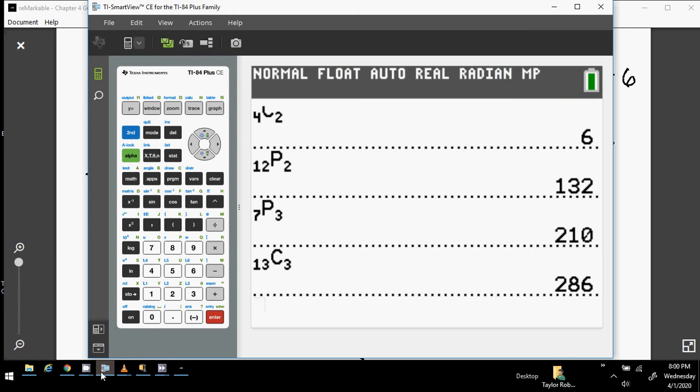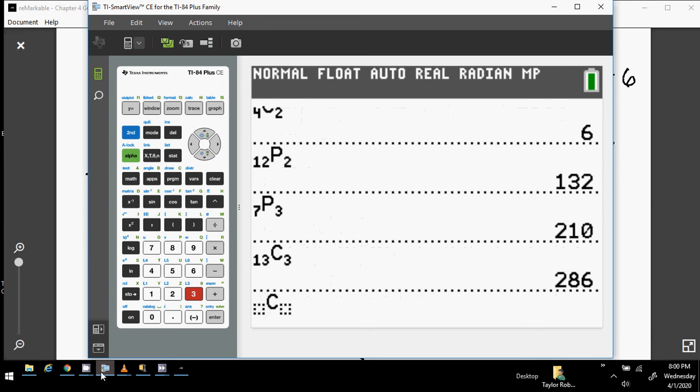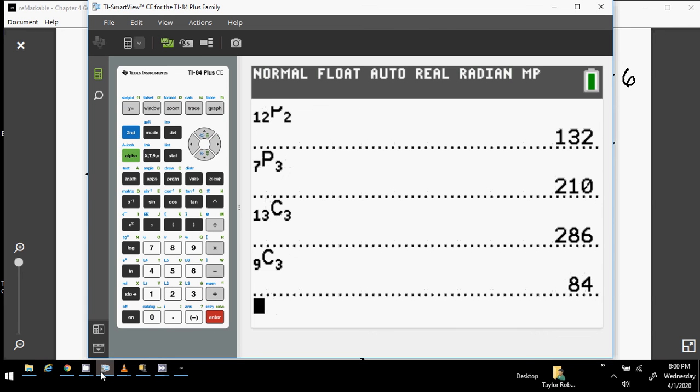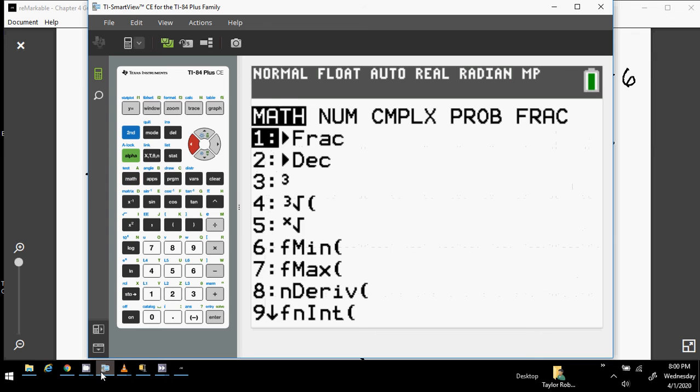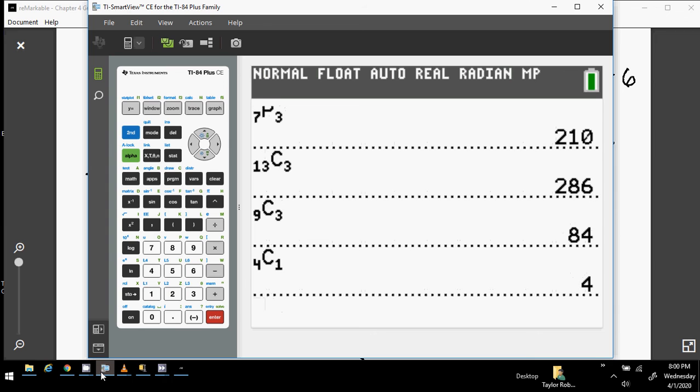Okay, so math, left. We're doing combinations, so that'd be 9C3. Okay, so that one is 84. And then we're also going to do 4C1. And that comes out to be 4.